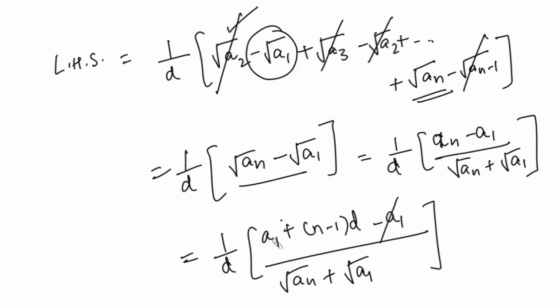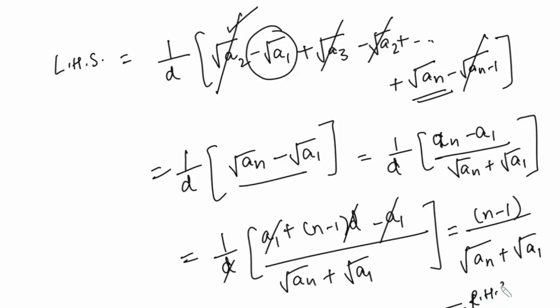You can cancel out a1, and after that we can cancel out d. So we are left with n minus 1 over square root an plus square root a1, which is equal to the right hand side.